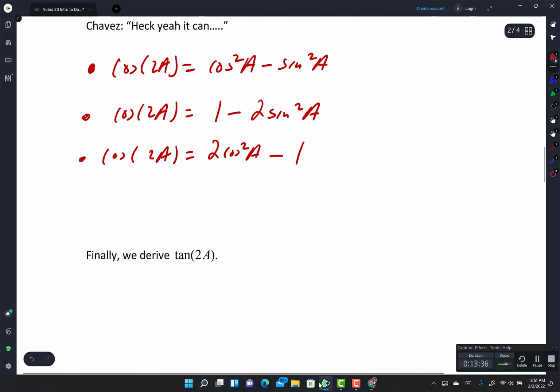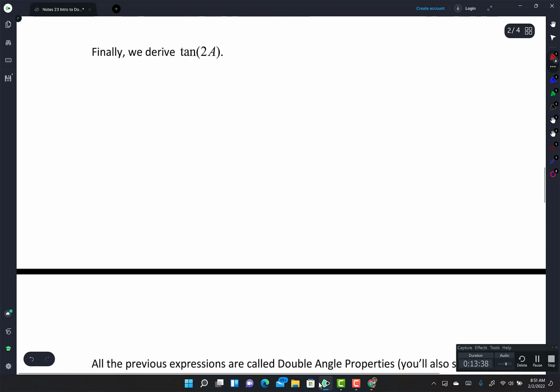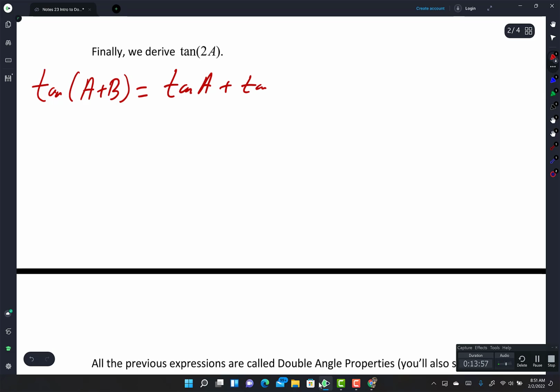All right. Were you guys ready for the next one? Yeah. All right. It says now we will derive tan 2a. So you guys tell me, what was tan a plus b? Tan a plus tan b over 1 minus tan a times tan b.